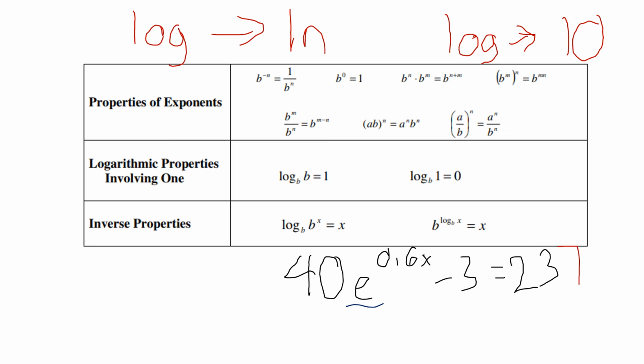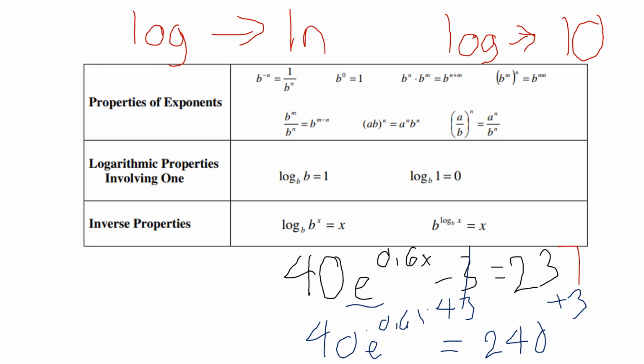Add 3 to both sides, and you get 240 equals 40 times e to the power of 0.6x.